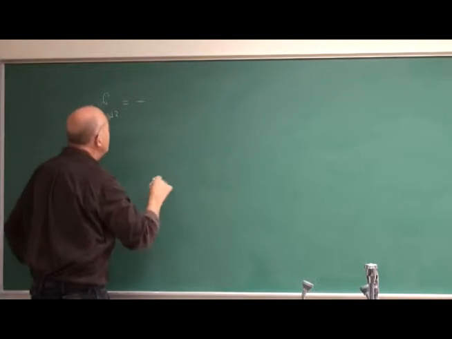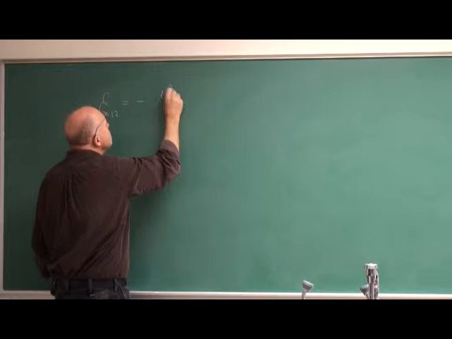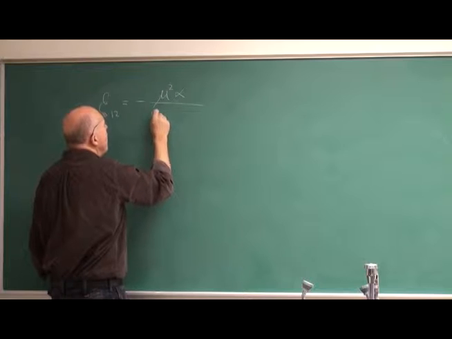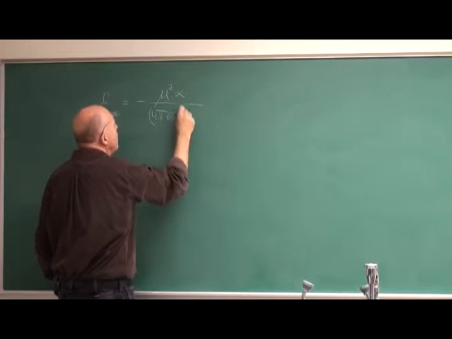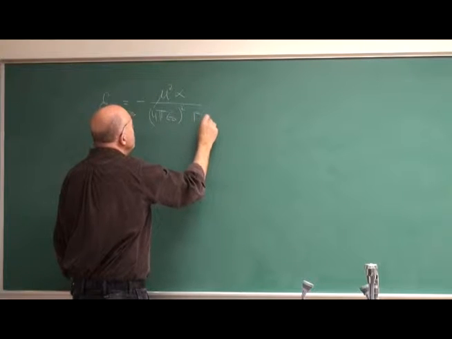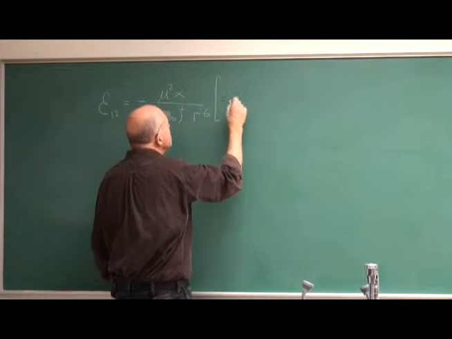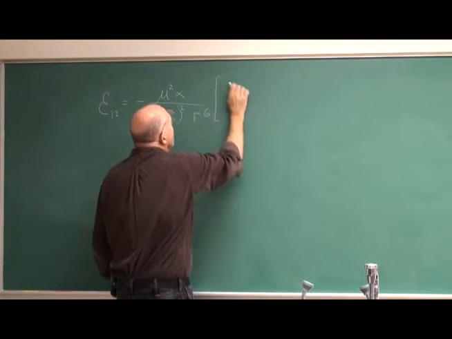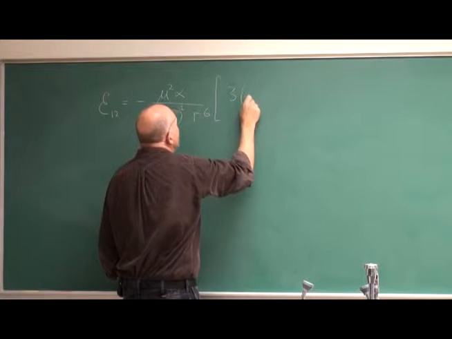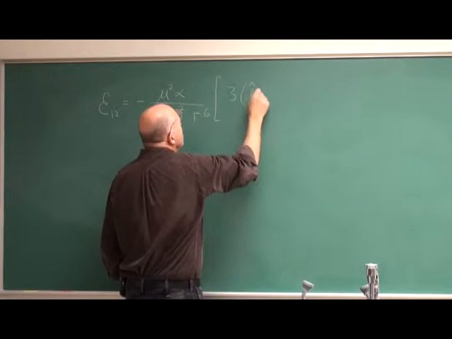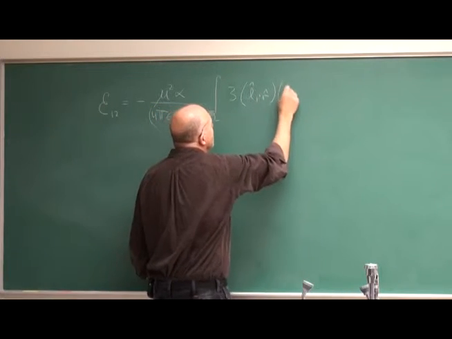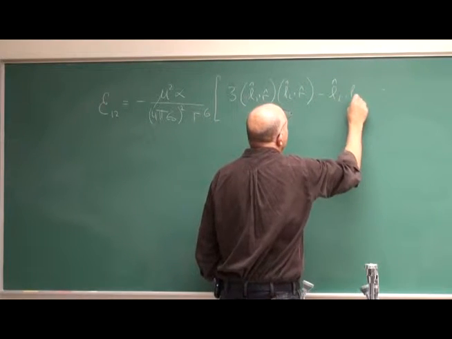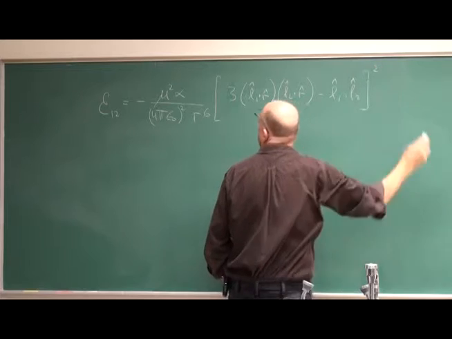So the half goes away, and we have mu squared alpha over 4 pi epsilon naught all squared times r to the 6th, and then we have this complicated expression of 3 L1 dot r hat L2 dot r hat minus L1 dot L2 squared.